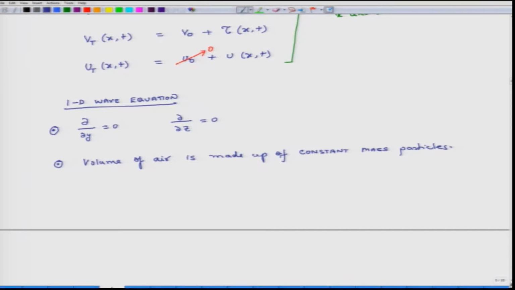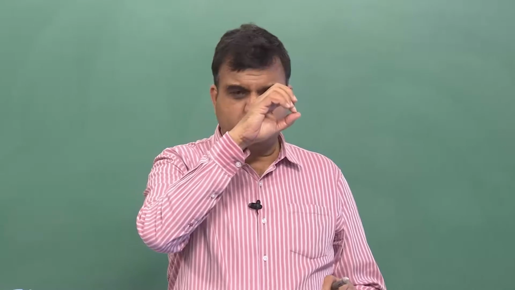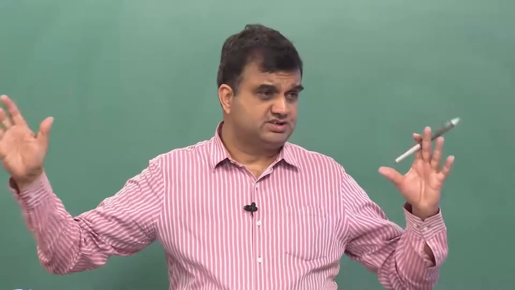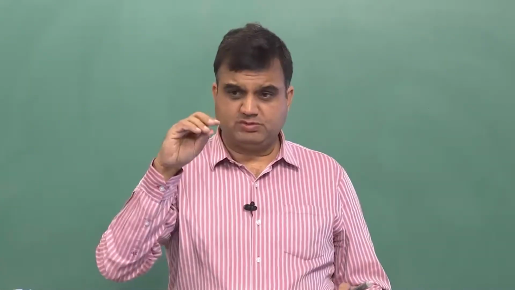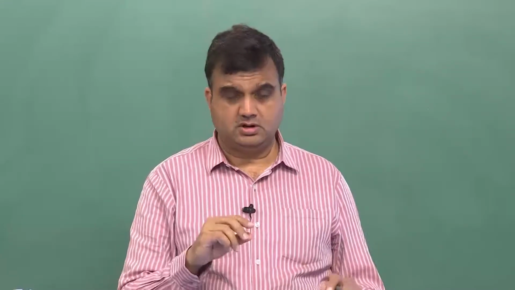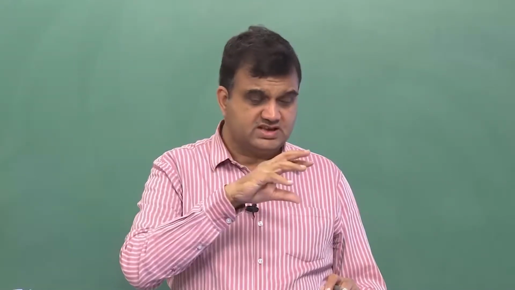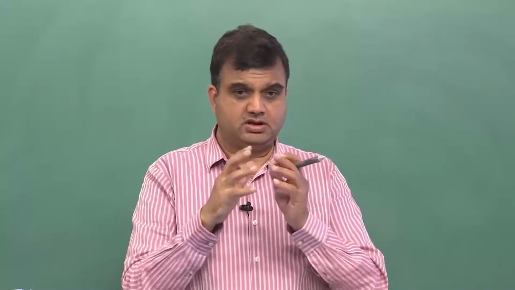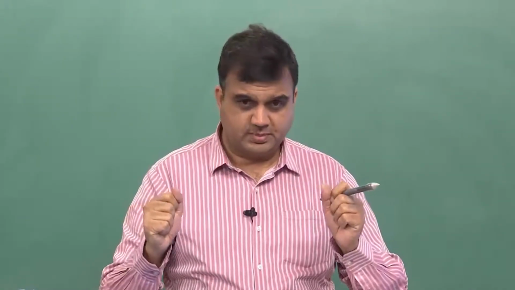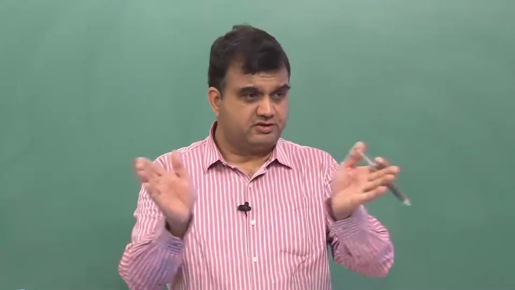Constant mass particles. So, what does that mean? That there is a very large number of particles in the system, and particles may be moving from one point to another, and from the second point to a third point, and so on. But as they are moving from one point to another, their mass is not changing. So, as the mass is not changing, what is happening? Either they are expanding or contracting, but the mass remains the same. And also there is no splitting of air.